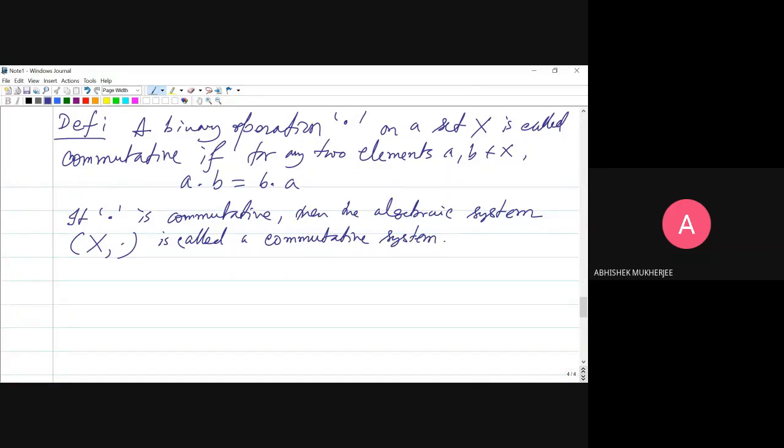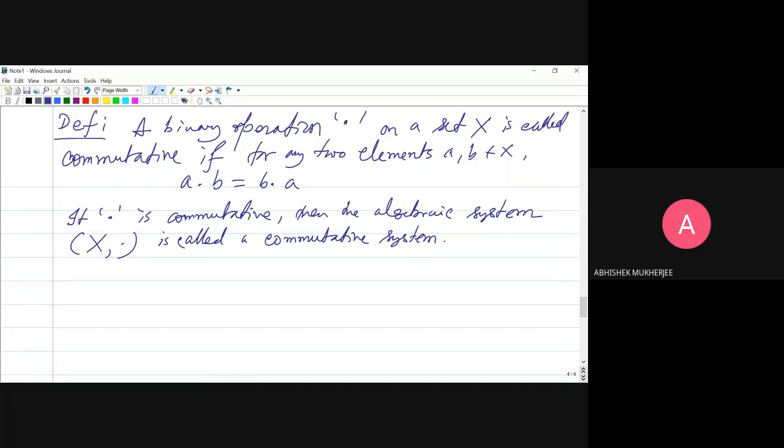Now, whenever we are dealing with groups, the groups having commutativity will be called abelian groups. So they have a special name.